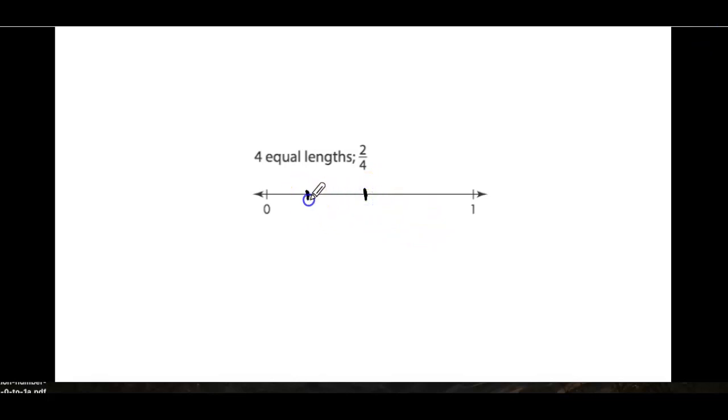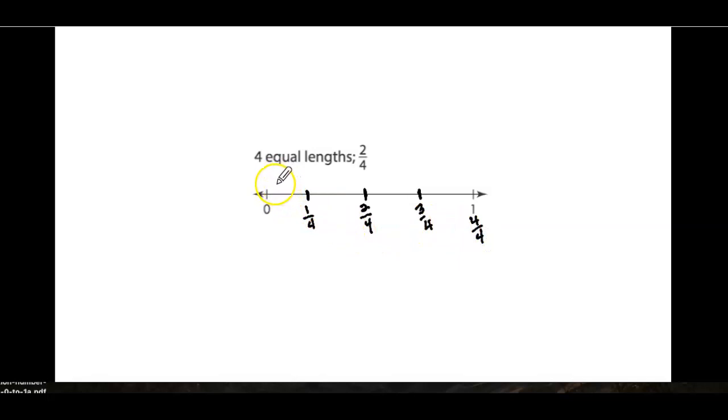So we would ask students to be able to not only partition shapes, your 4th or 5th grader needs to have the ability to have a blank number line that is from 0 to 1, and we'll talk about going beyond that later, but from 0 to 1, and be able to make a number line for fourths. So this would be 1/4, 2/4, 3/4, and yes, I'm going to also put my fraction here, 4/4.